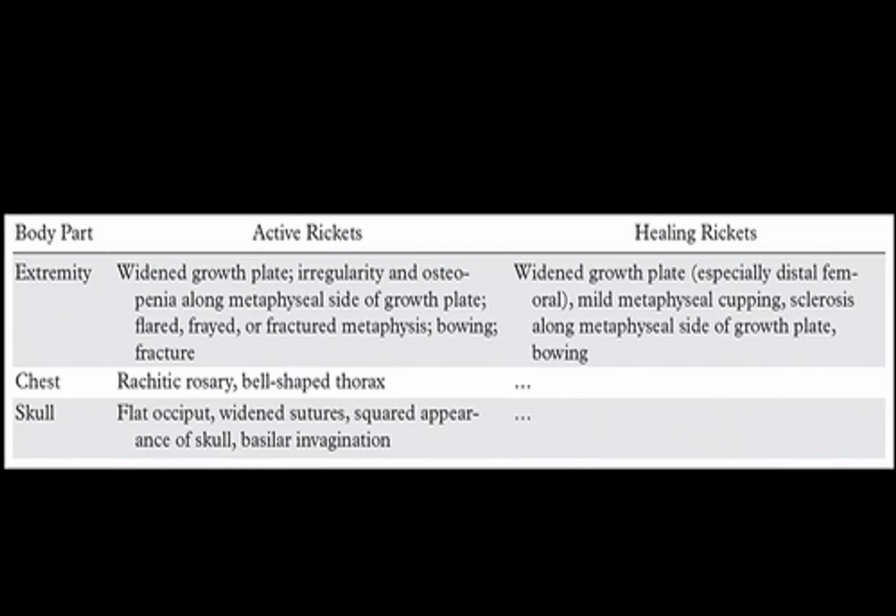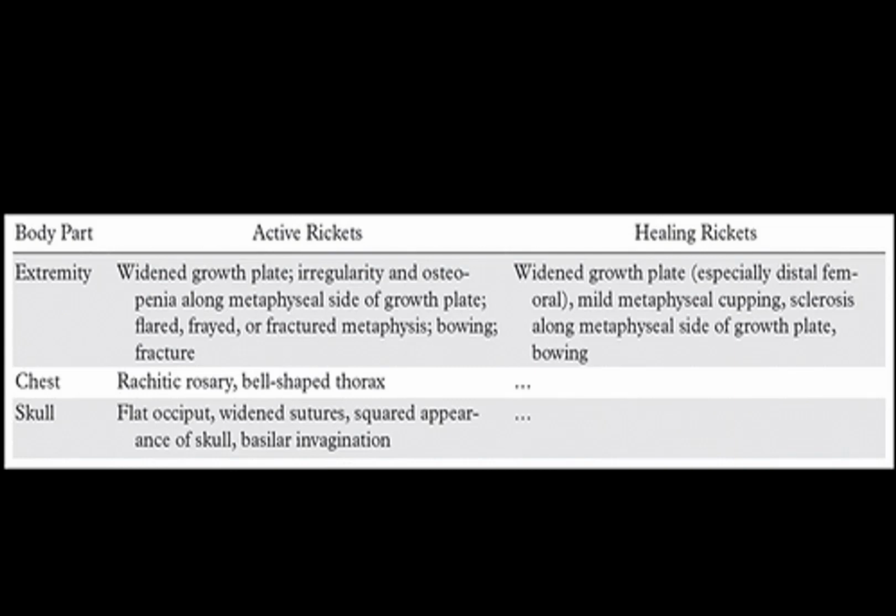The odontoid process of the C2 vertebral body normally sits behind the anterior arch of the C1 vertebral body, held by a transverse ligament. Because all the bones have become softened, it will not stay in position and will protrude into the foramen magnum, leaving the C1 vertebral body behind. That protrusion of the odontoid process into the foramen magnum is called basilar invagination.